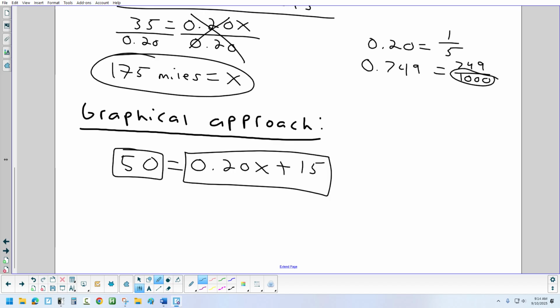So instead of thinking about solving it algebraically, I want to think of the left side as a picture, and I'm going to draw that picture, and I want to think of the right side as a picture, and I'm going to draw that one. And I'm basically going to be looking for where my first picture is equal to my second picture. Now that's kind of a weird way to say what I'm looking for, but anyone think they know what that means? Where my first picture is going to equal the second picture I draw.